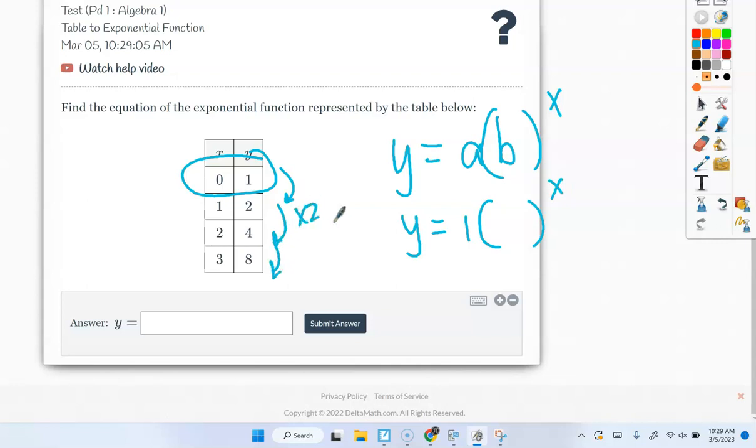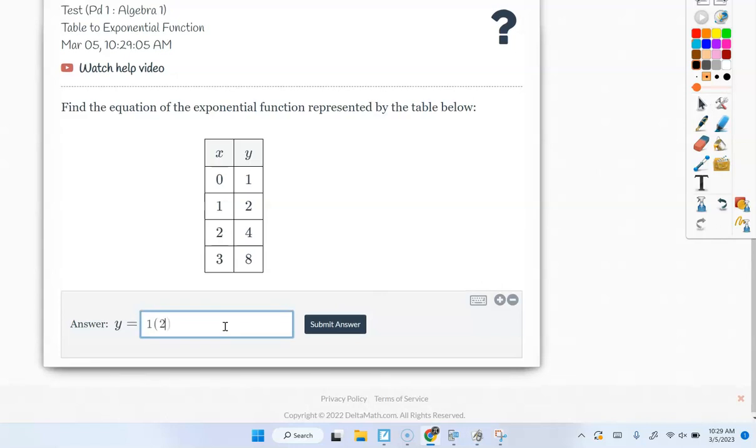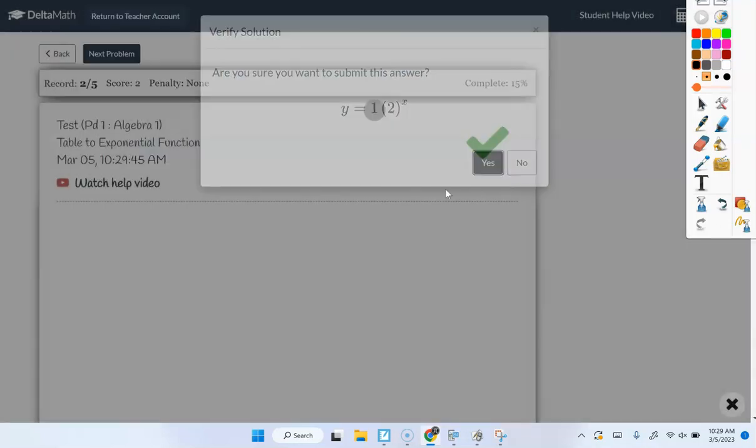If you're timesing by 2, then the pattern is 2. You can choose to leave an initial value of 1 invisible if you'd like. So 1 parentheses 2 to the x power. You can leave the 1 invisible. This would be given full credit, and the 1 being not there would also be given full credit.